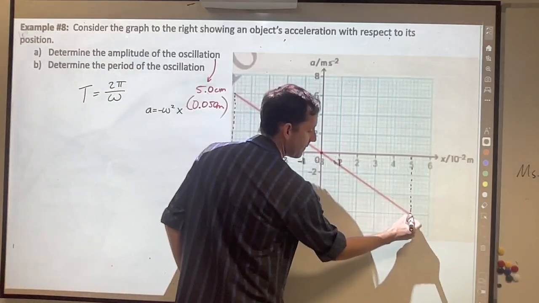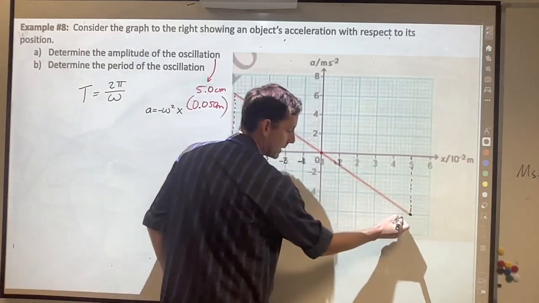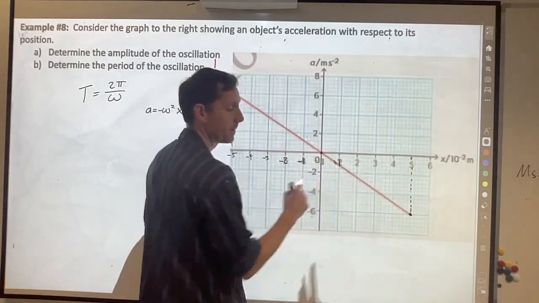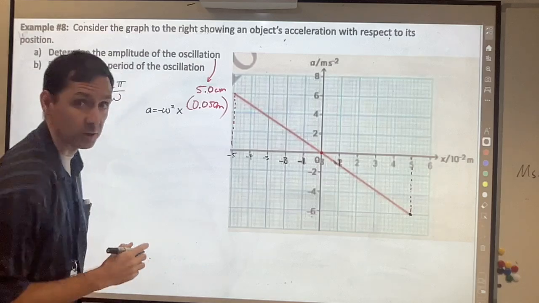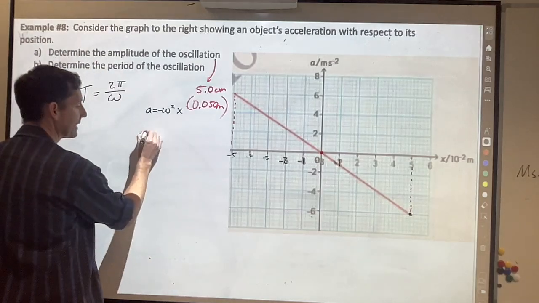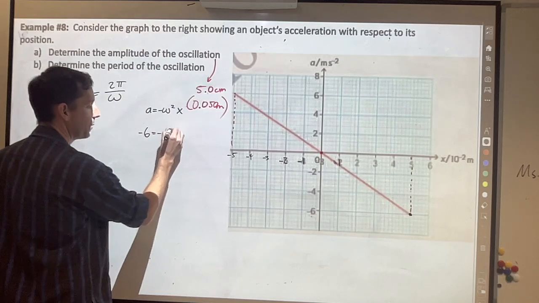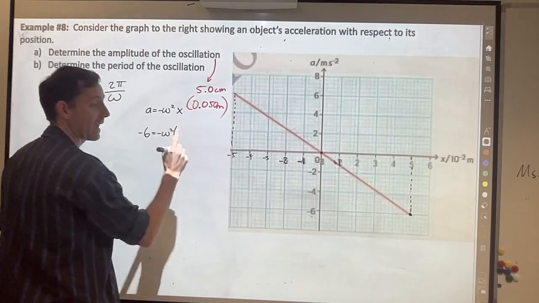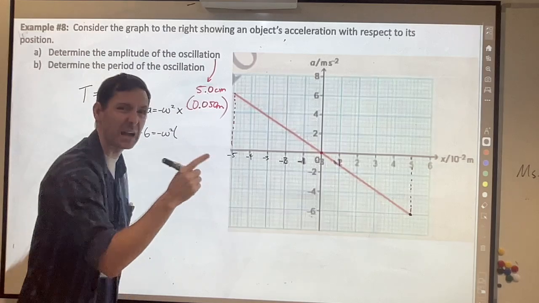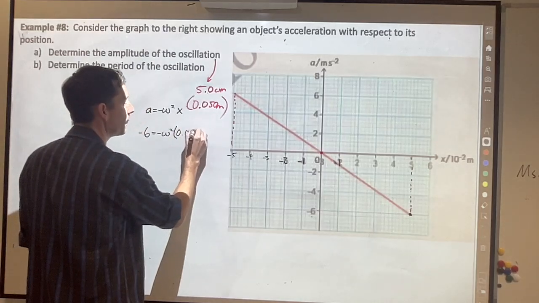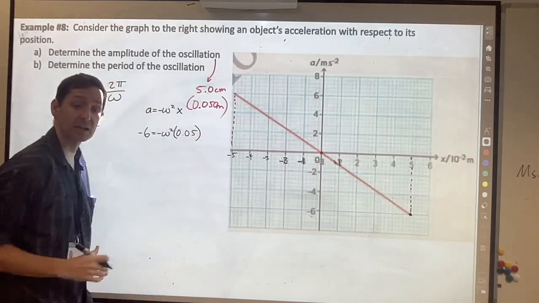That is 5 for x, and then negative 6 meters per second squared for the y value, for acceleration. So I'm going to go negative 6 equals negative omega squared times x, and x is 5, but that is 5 times 10 to the negative 2. So I'm going to put 0.05, all right, just like that.